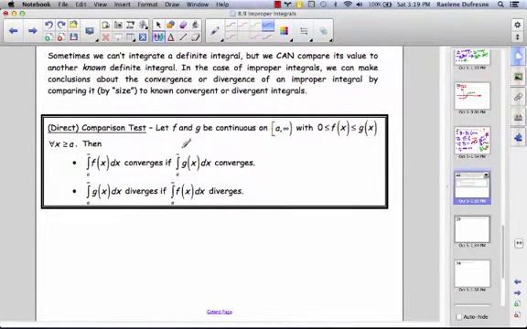Let f and g be continuous functions on a domain 0 to a, or a to infinity, and we're going to let the height of g be greater than or equal to the height of f, which is non-negative. In other words, the height of f never exceeds the height of g.